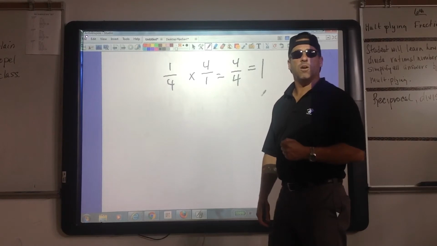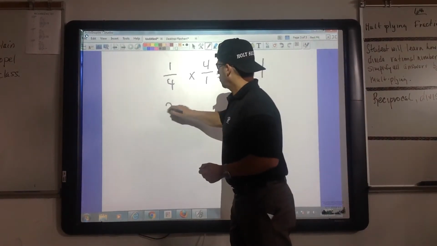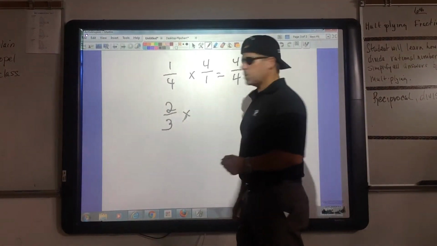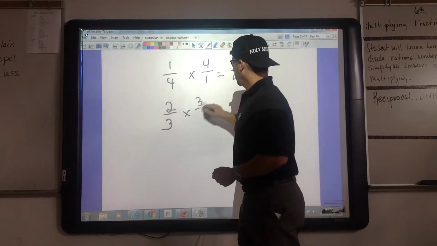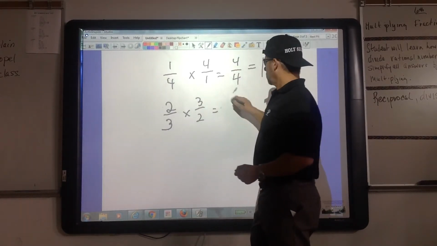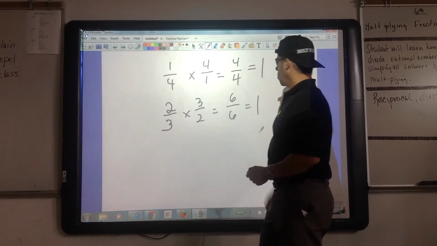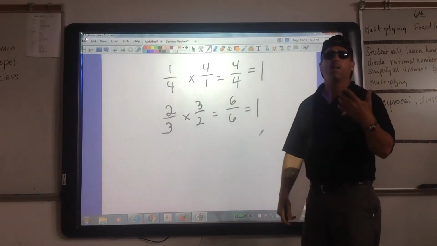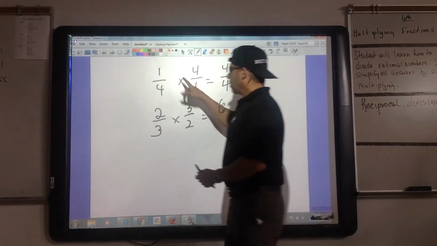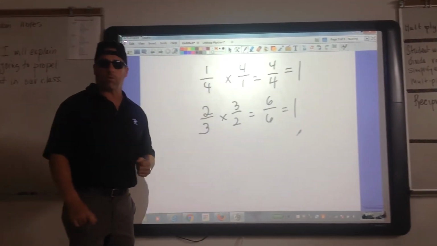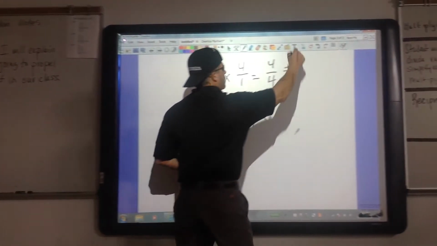Let's take another number. 2/3 times its reciprocal, which is 3 over 2, gives 6 over 6, which equals 1. And I could go on and on, but any number multiplied by its reciprocal equals 1.